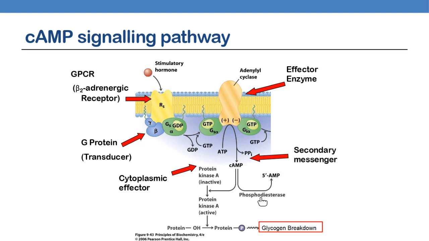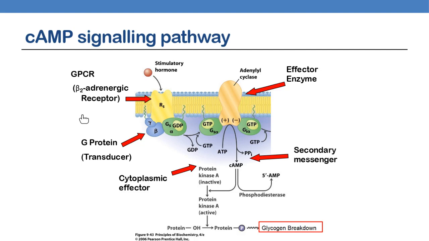So then our cAMP can do a huge range of things. We're going to get into this much more in our metabolism unit. But one of the things that it does is activate protein kinase A. So this is our cytoplasmic effector. Protein kinase A has, again, a range of functions which we're going to get into later. One of them is contributing to a stream of other enzymes, which is going to eventually lead to glycogen breakdown.